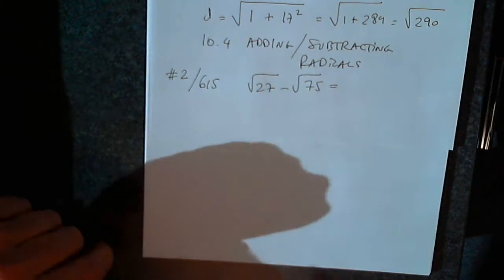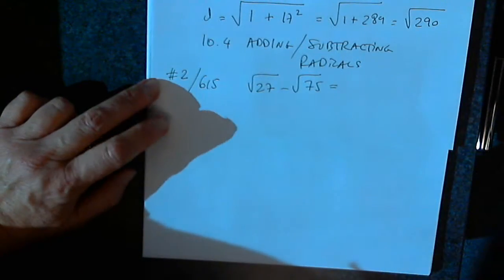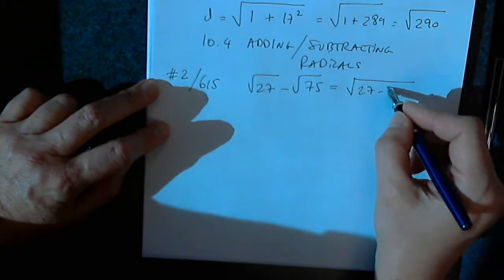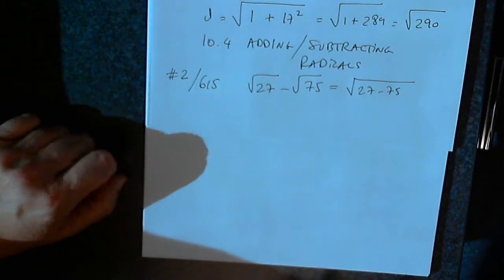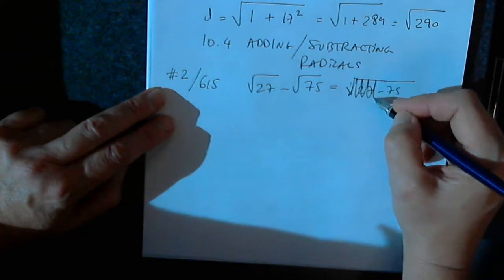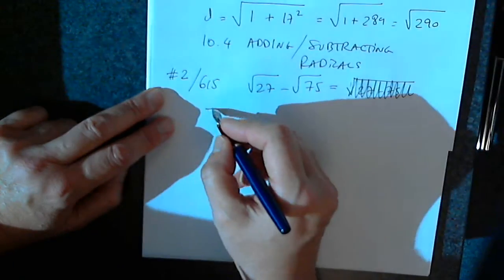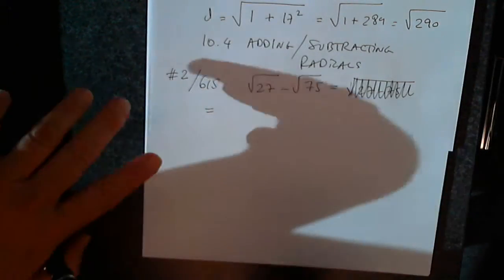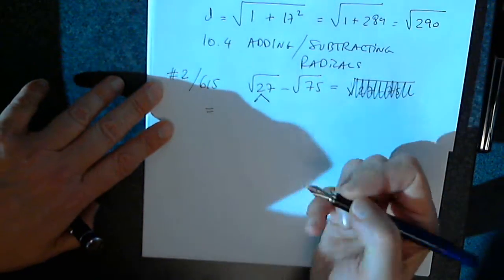I would like to do this, and you tell me, don't write it, whether I am allowed to do this or not. No, we just discussed that. I'm not allowed to do something like this. Very good. But I can simplify each radical by itself. I know the square root of 27 is not an integer, but I can split it to simplify it.